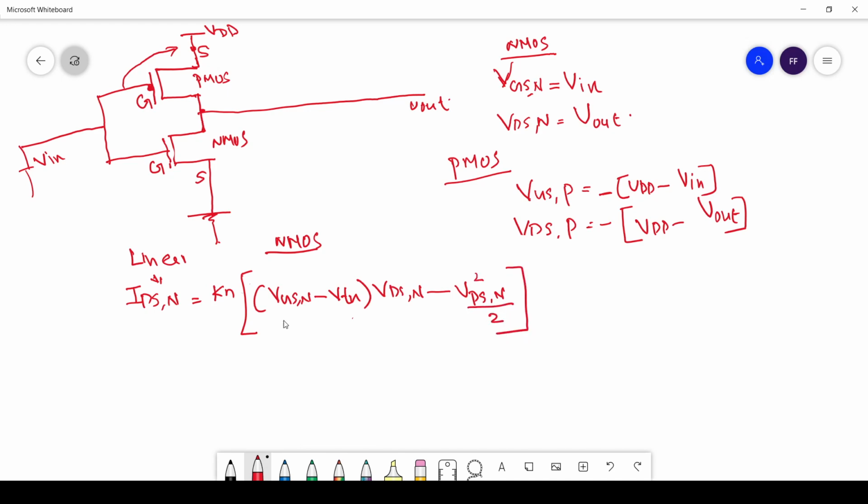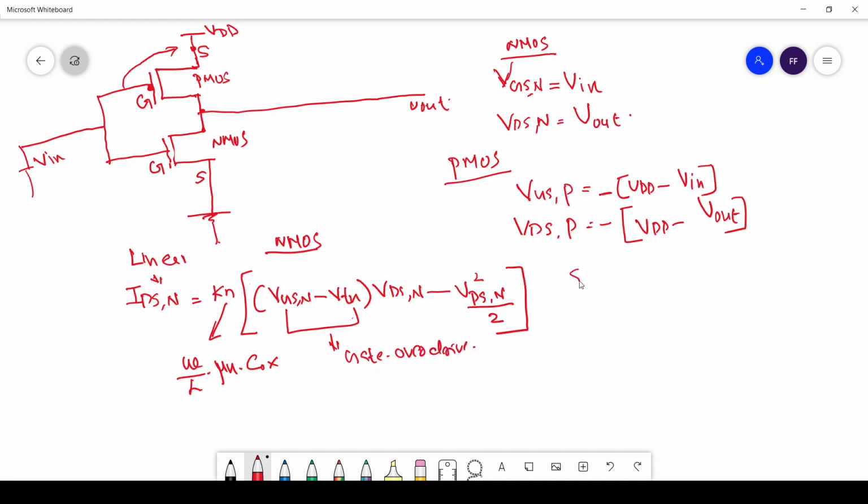This is the expression for current during linear region for the NMOS. Kn is a constant which depends on the W by L ratio of the MOS, the mobility of the electron, and the capacitance of the oxide layer.